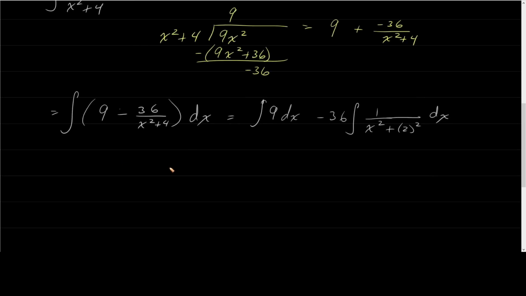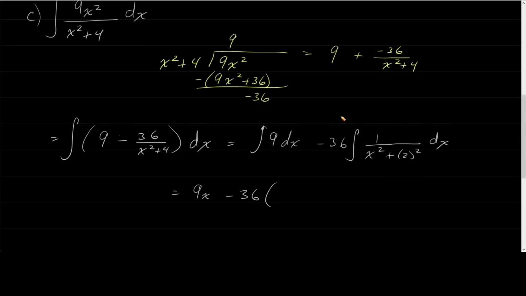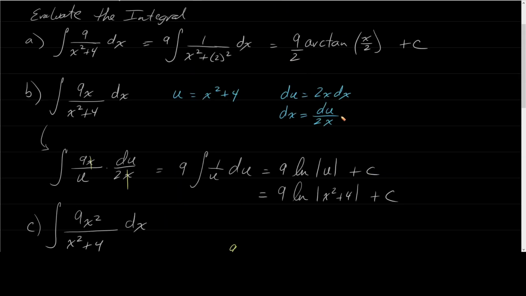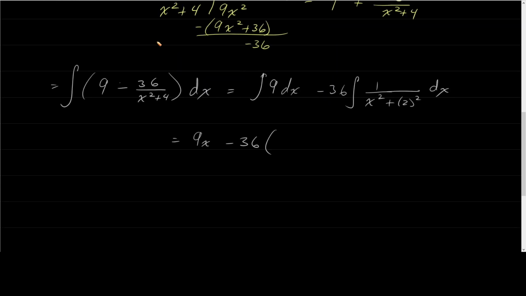And that will give me now, well, the integral of 9 dx is 9x, minus 36 times the integral of 1 over x squared plus 2 squared. We just did that, right? We had a different coefficient in example A. That's essentially what we had, just with a different coefficient. Instead of a 9, now we've got a negative 36.